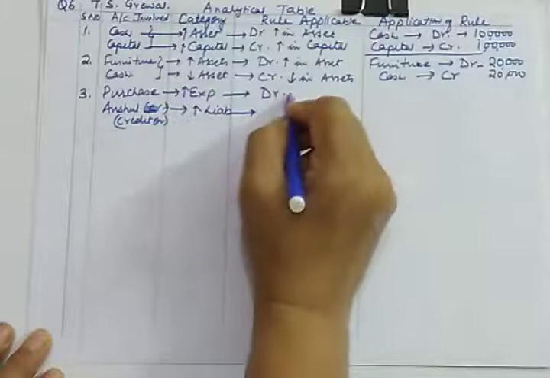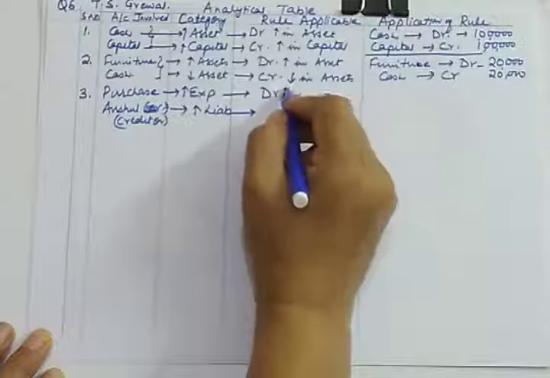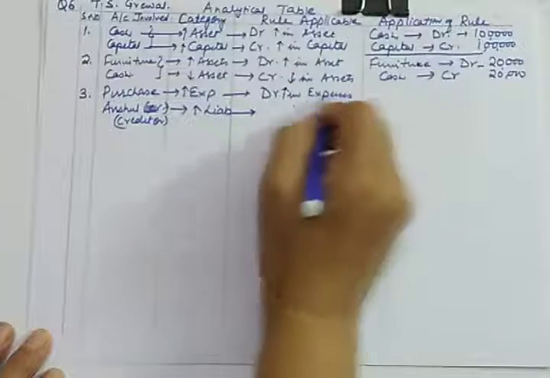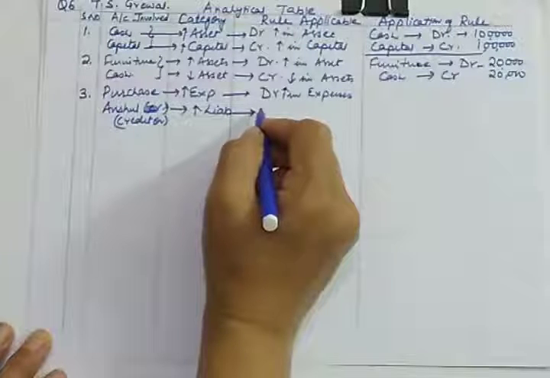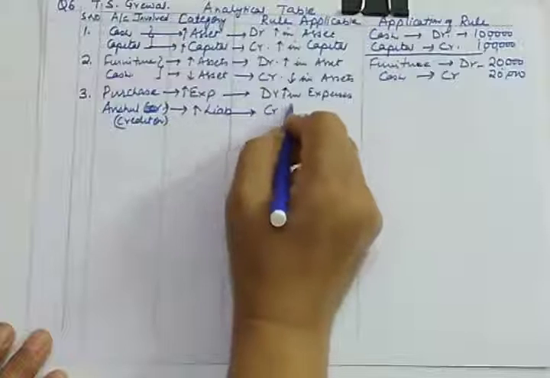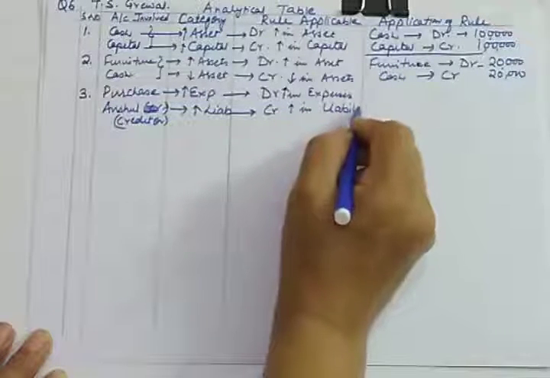So debit increase in expenses, because this way you will be able to learn them also if you write in full. And here credit increase in liability.